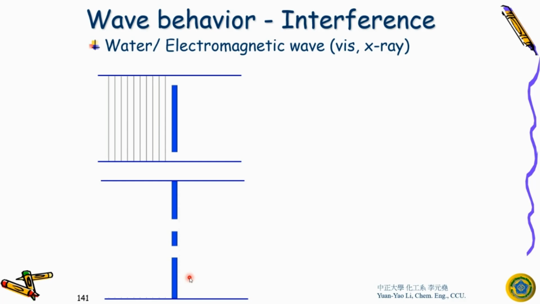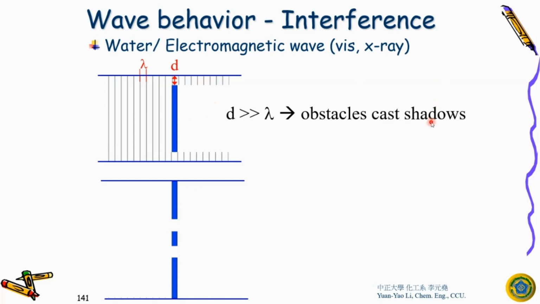So let's use a simple method to think. If you have water and a barrier here, and this is lambda, the wavelength, and this is the distance d, the gap. If d is much larger than lambda, the wave passes through as if there's no barrier, and you cannot see interference.